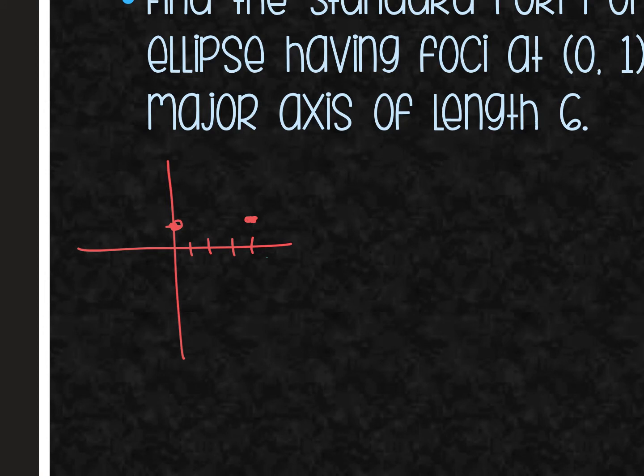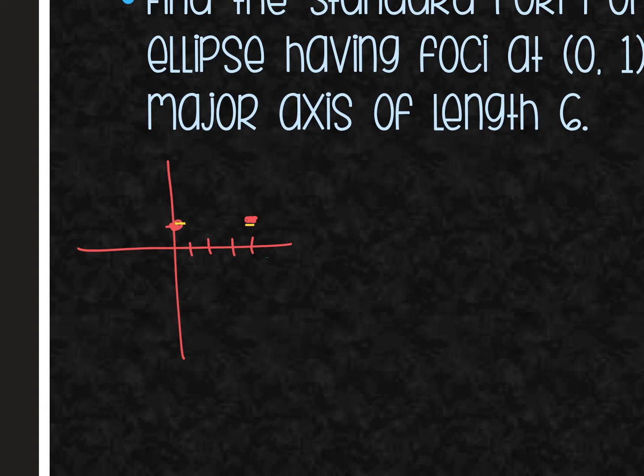Step 2 on that cheat sheet that we have is find the center. So our center is the midpoint of our foci. So our center of our ellipse is in the middle of our foci. So if we see we have the length of 4 here, what's half of 4? 2.